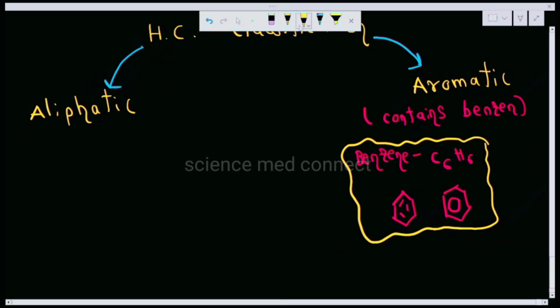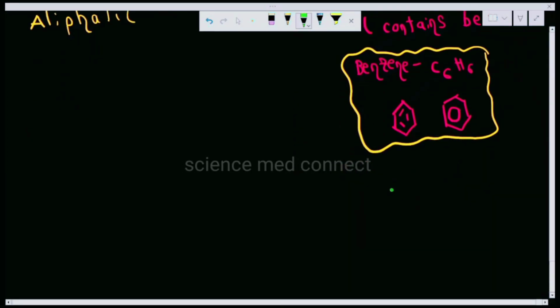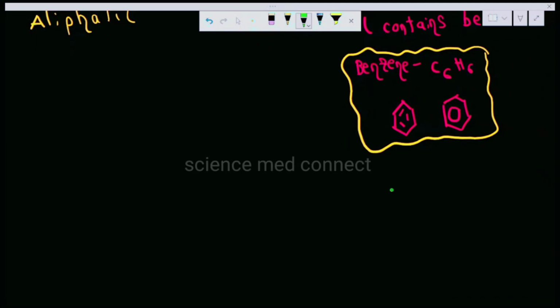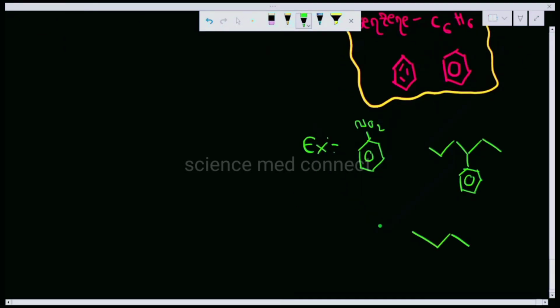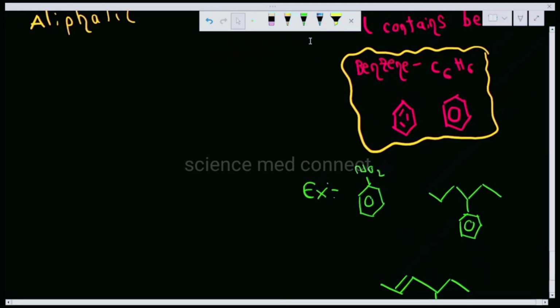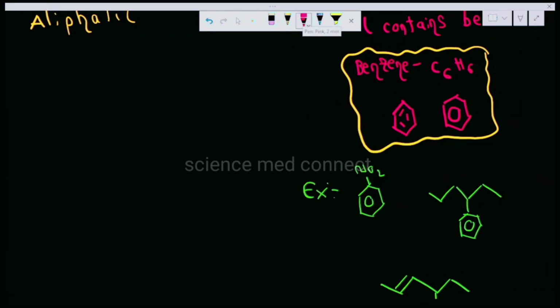Okay, now let's look at some examples of aromatic hydrocarbons. The first one is nitrobenzene. It contains a benzene ring and it's an aromatic hydrocarbon, and the second molecule also contains a benzene ring and it's also an aromatic hydrocarbon.